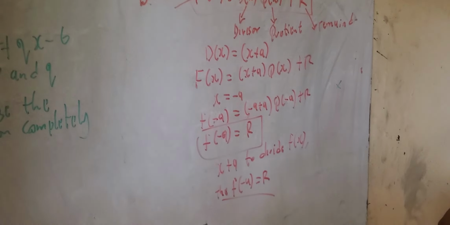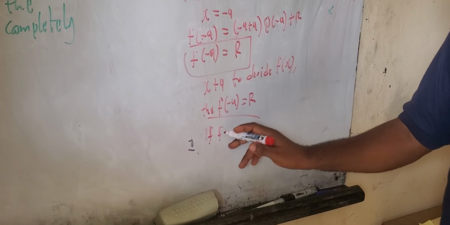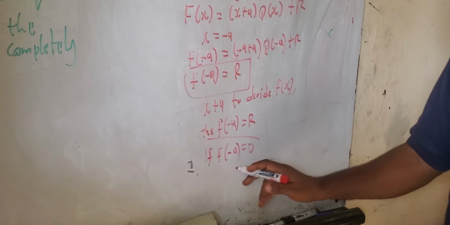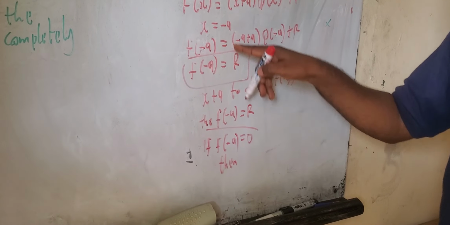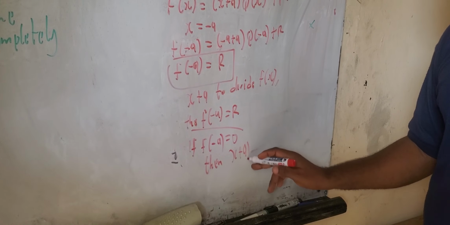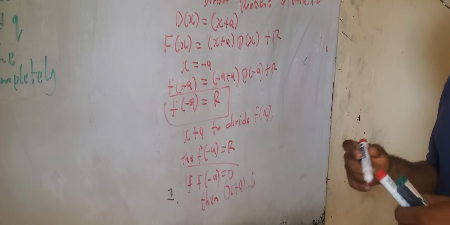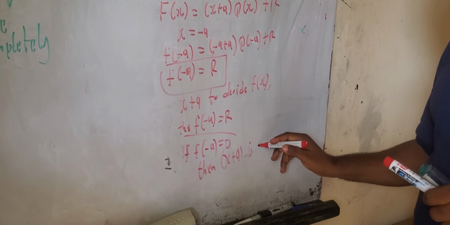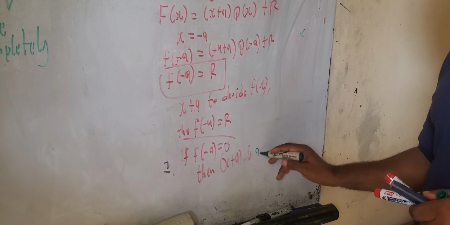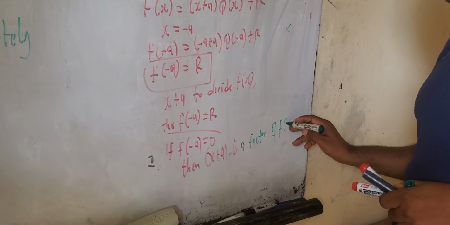Now, from the remainder theorem, we move to the factor theorem. If f of minus a, instead of giving us r, is 0, then we say that this particular expression that we use to divide is a factor of f of x.